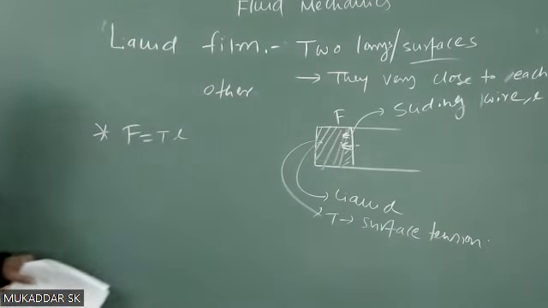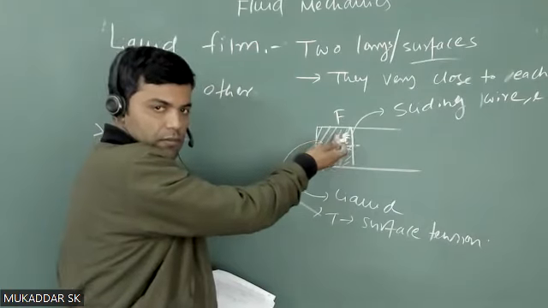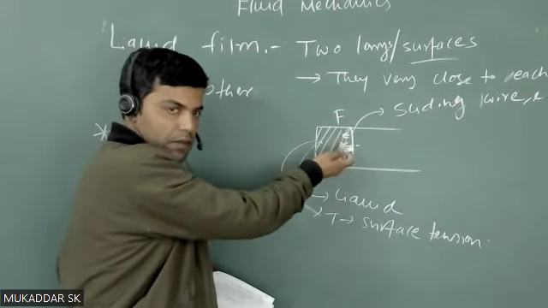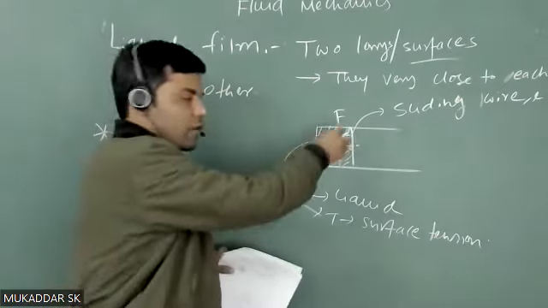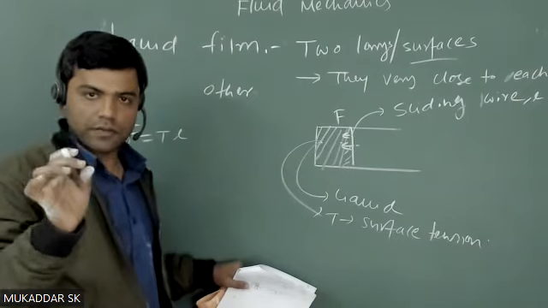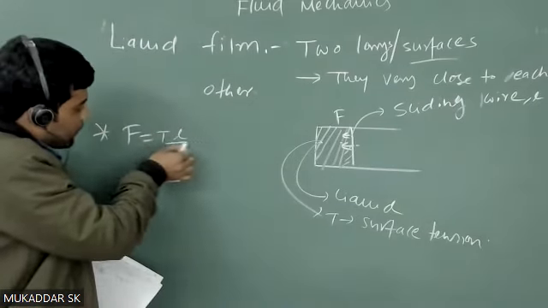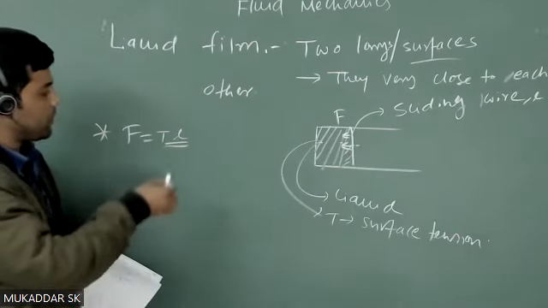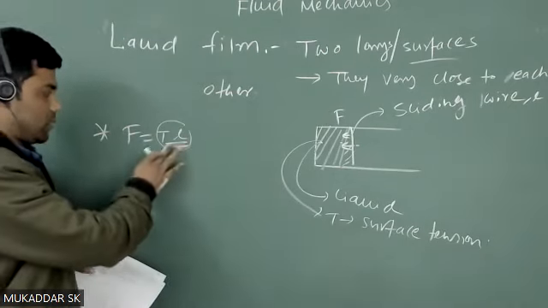But that is actually wrong, because this is a kind of thin film of liquid. On the thin film, you have two layers, or two surfaces. Because of each surface, there will be a force amount of TL.